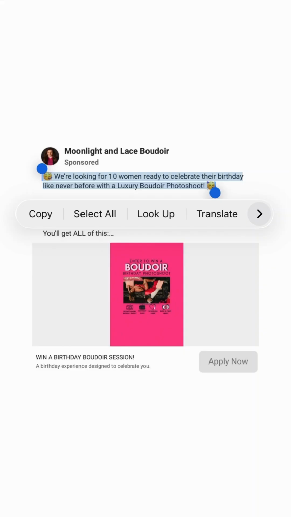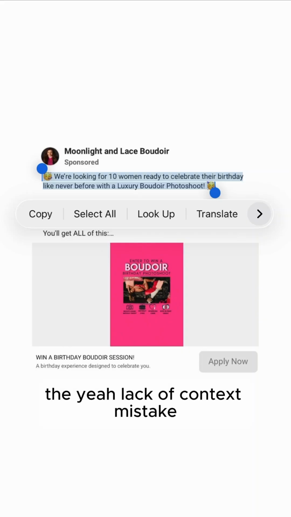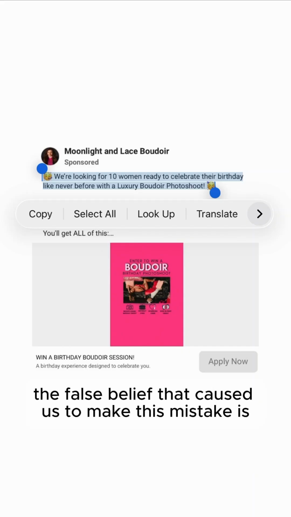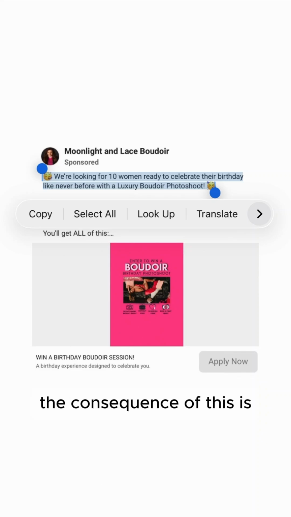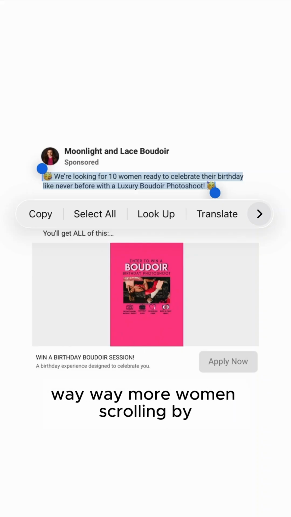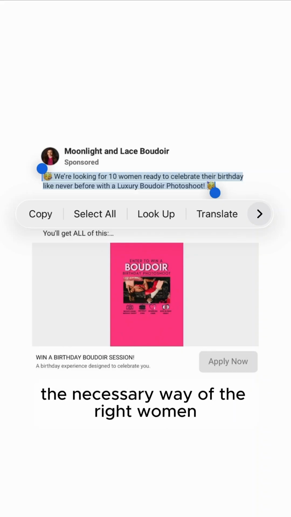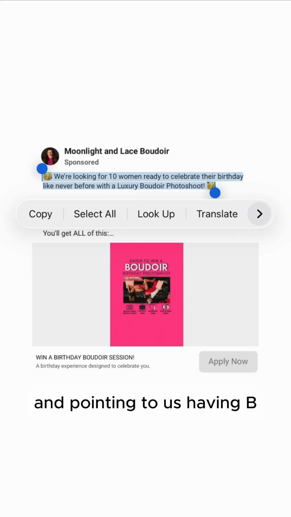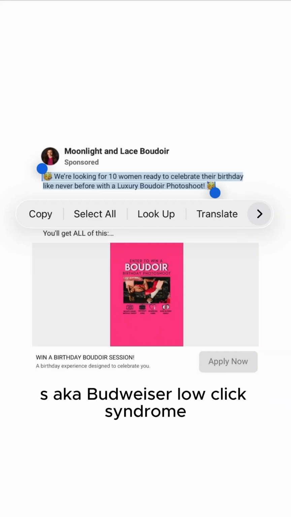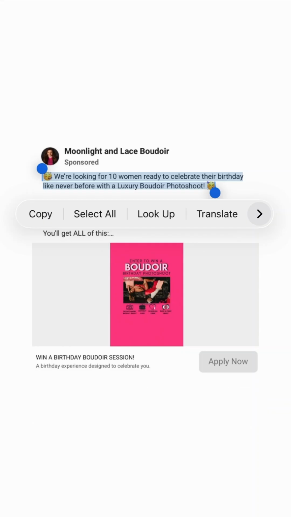The false belief that caused us to make this mistake is, we believe we provide enough context. The consequence is we have way more women scrolling by than necessary, pulling our unique CTR all down and pointing to us having BLCS, aka Boudoir low click syndrome, increasing that probability.